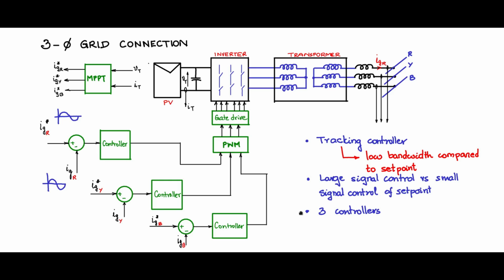So these are some of the issues that one will encounter while trying to build the controller for a three-phase PV grid connected inverter in this control methodology. Let us see how we will solve this by adopting the DQ axis control methodology.